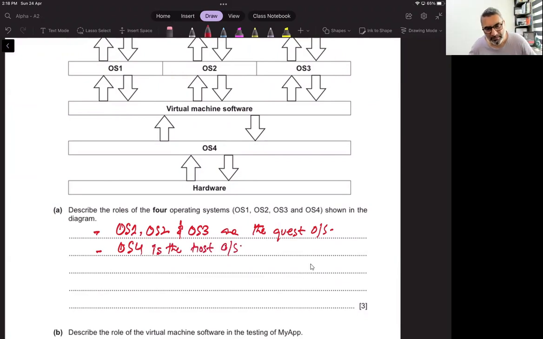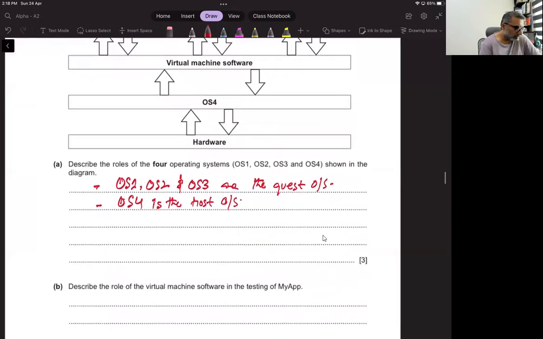Do not use such abbreviations as I do in the exam. All right. And describe the role of OS4.